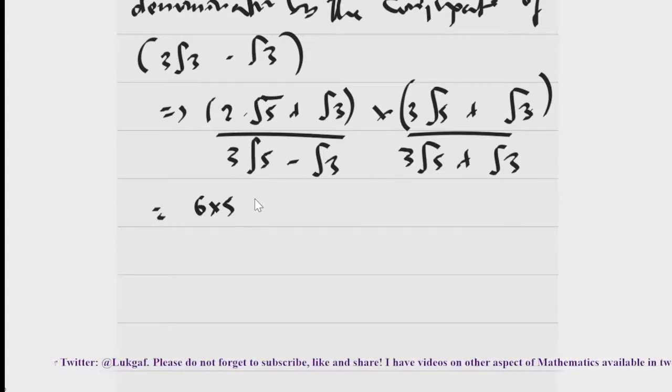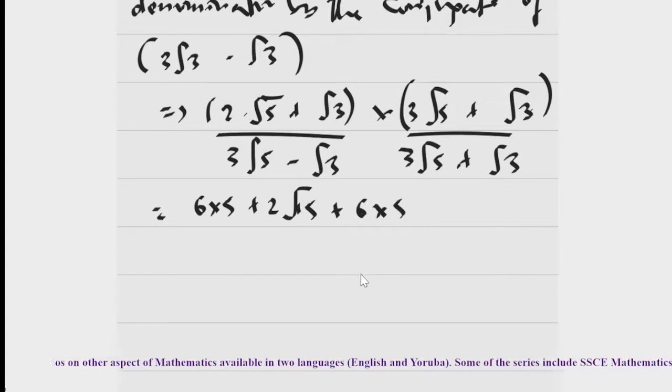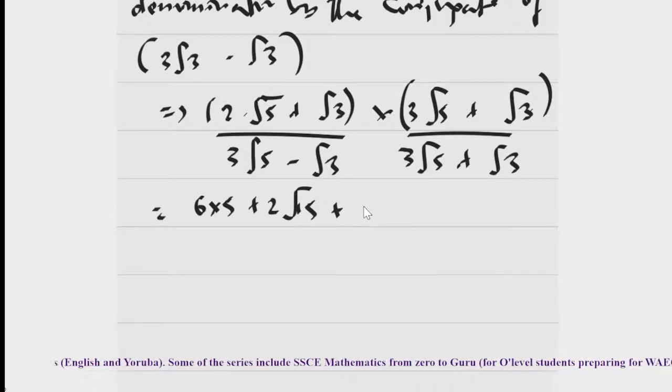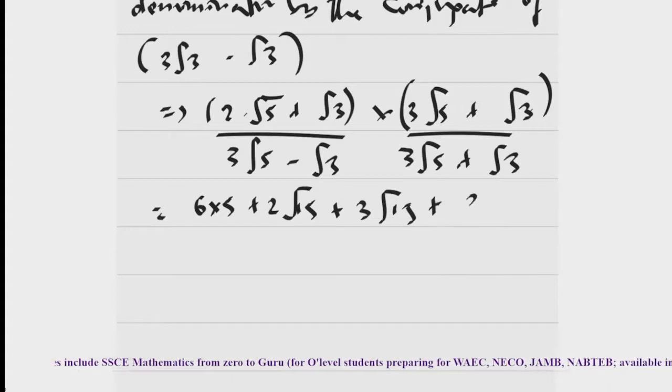This will give you plus 2 root 15. No, I made a mistake. It will be this times this. That's plus 3 root 15. Then plus 3. I hope you obtain 3. Root 3 times root 3 is going to give me 3.